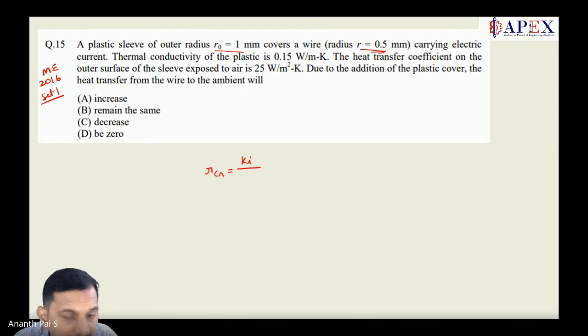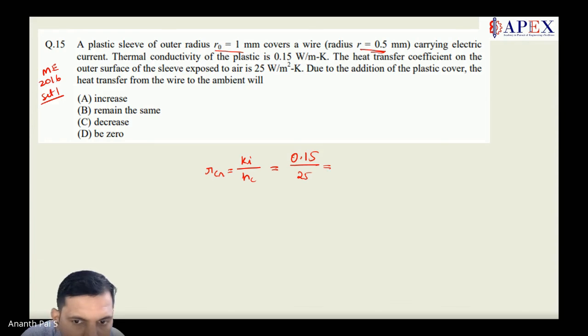So what is Ki by Hc? Ki is the thermal conductivity of the plastic, 0.15. The heat transfer coefficient of the air is 25. So you get 0.15 by 25, which is 0.006.